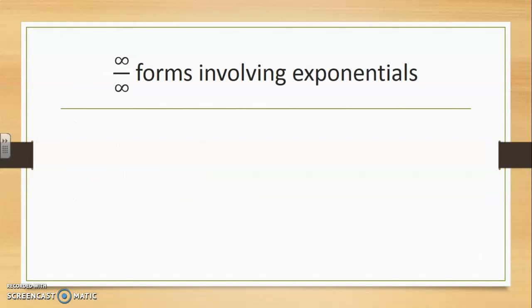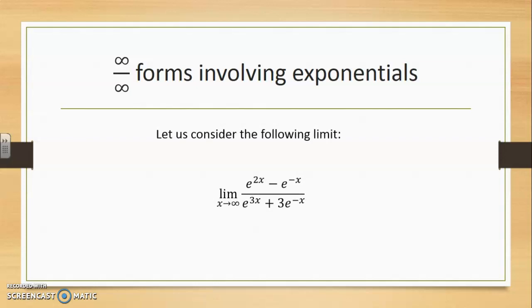Finally, we have infinity over infinity forms that involve exponential functions. So for example, let's look at what will happen to e to the 2x minus e to the minus x over e to the 3x plus 3e to the minus x as x goes towards infinity. Very important is to remember what the effect of x going to infinity is on all terms.